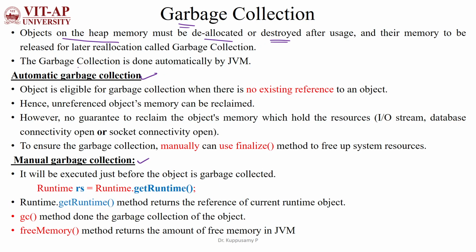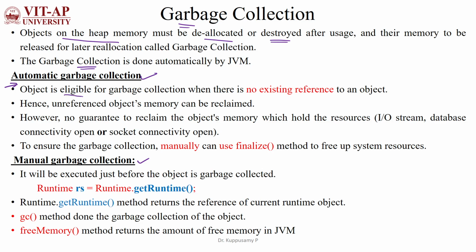It can be done by the garbage collection mechanism available in the Java virtual machine. Whenever we apply automatic garbage collection, the Java virtual machine will do this process automatically at the end of the program's execution.